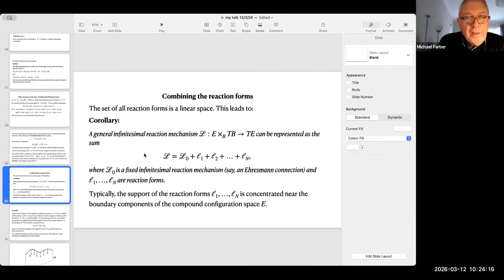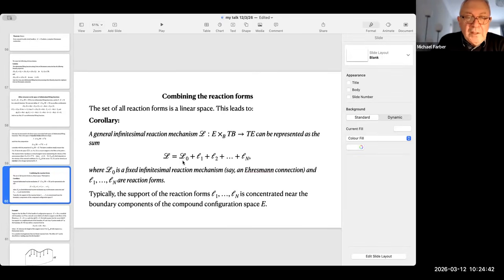So, I'm just skipping, going faster. So there is a general structure of infinitesimal reaction mechanism. A general infinitesimal reaction mechanism can be represented as follows. Of course, it's not a unique representation.